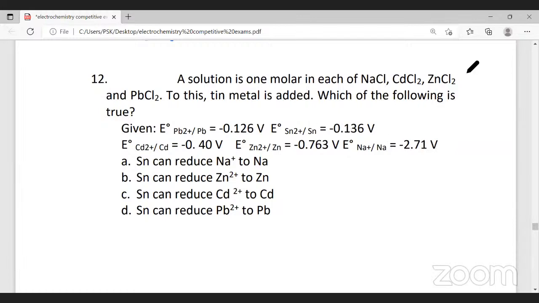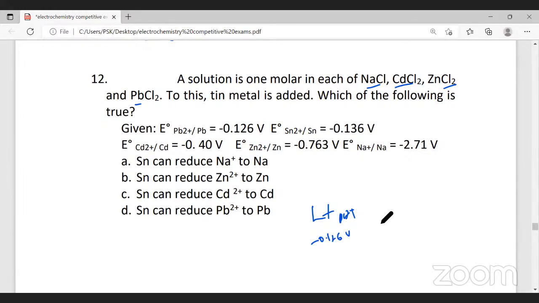A solution of 1 molar each, sodium chloride, cadmium chloride, zinc chloride, and lead chloride. To this, tin metal is added. Which of the following is true? Now we have solutions of lead, and the potential is minus 0.126 volt.